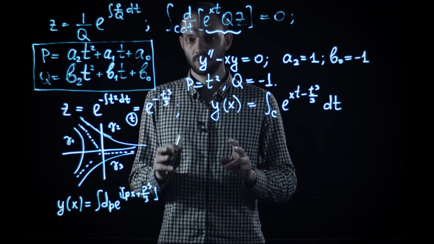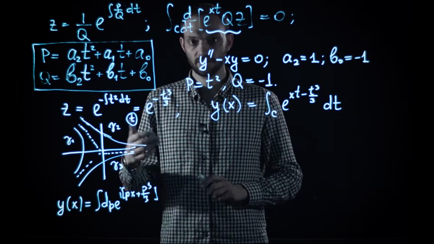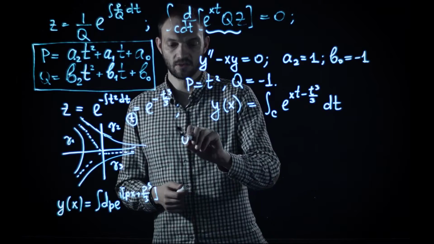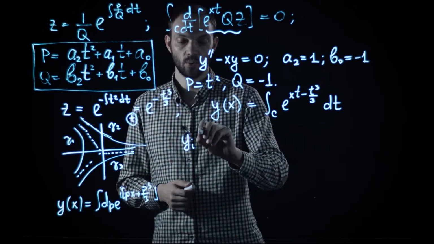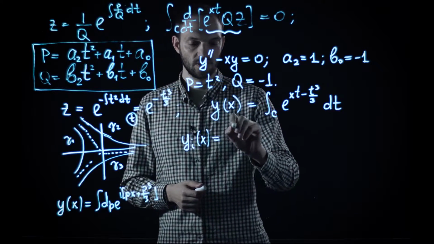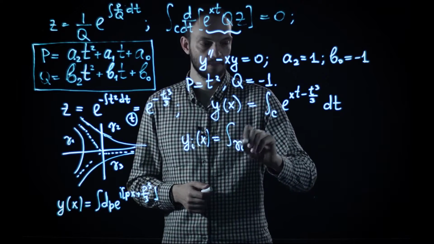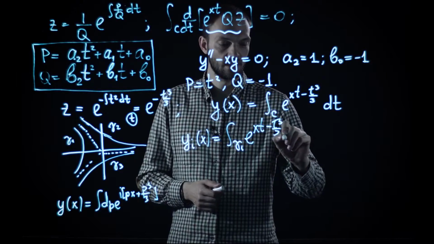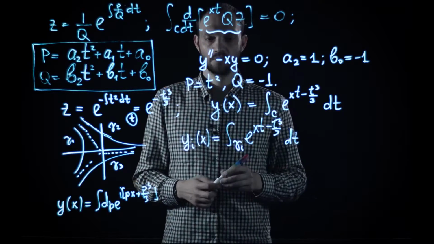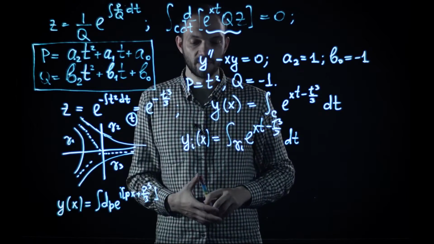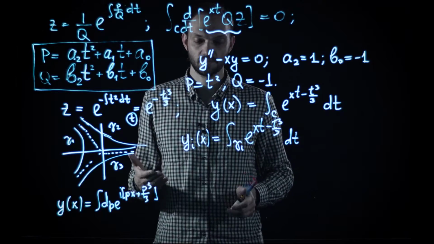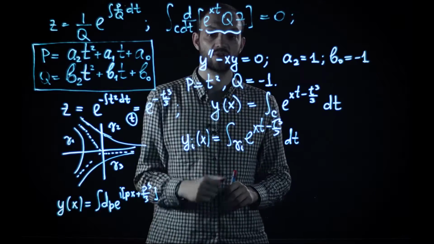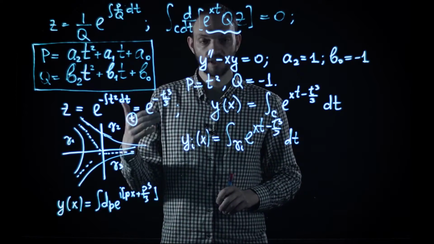Another crucial ingredient is that we can, in principle, now write several solutions, say y_i of x equal to the integral over gamma_i of exponent of x t minus t cubed over 3 dt. And again, someone very naive can think that, for example, he has three linearly independent solutions to the second order equation. Of course, this is not the case.